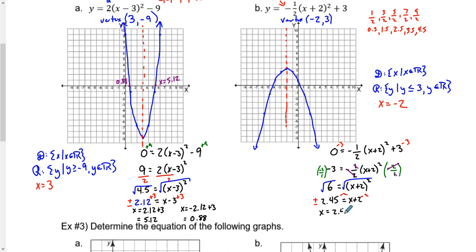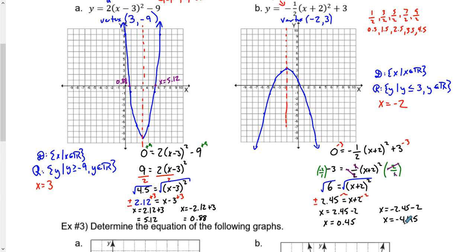A positive 2.45, subtract 2, and a negative 2.45, subtract 2. Our 2 answers, 2 x-intercepts, will be 0.45 and negative 4.45.